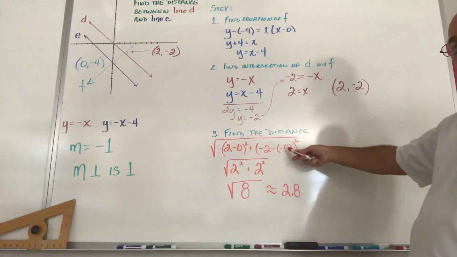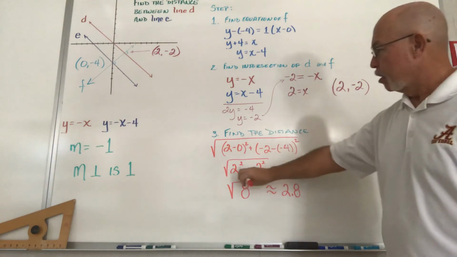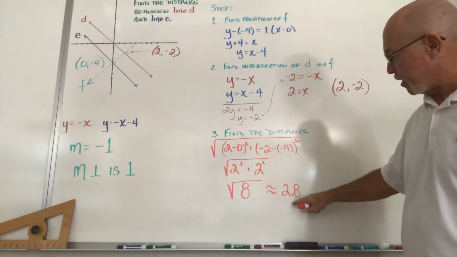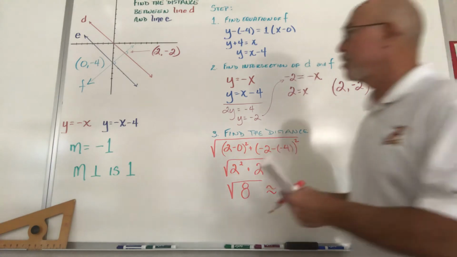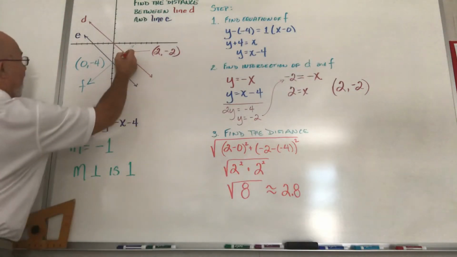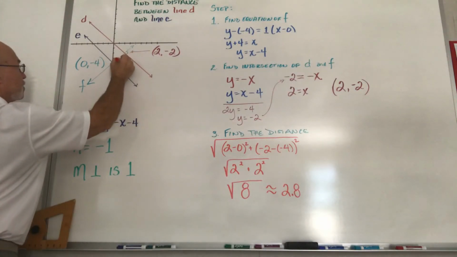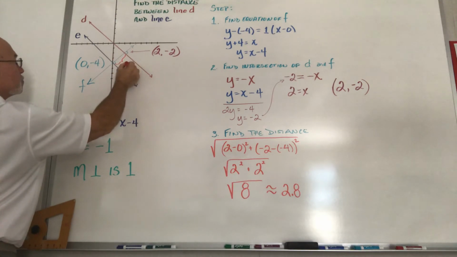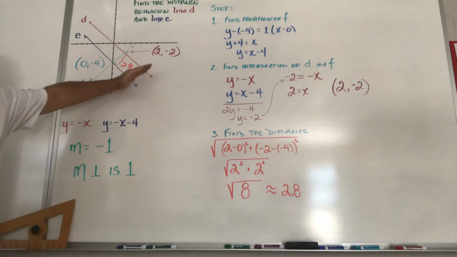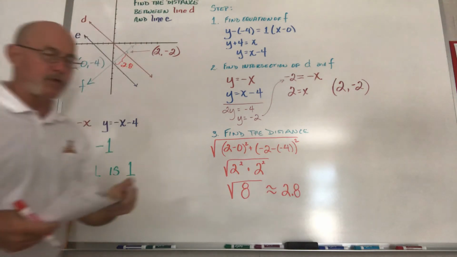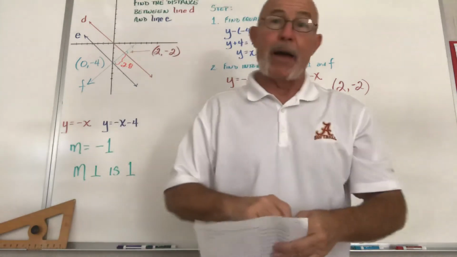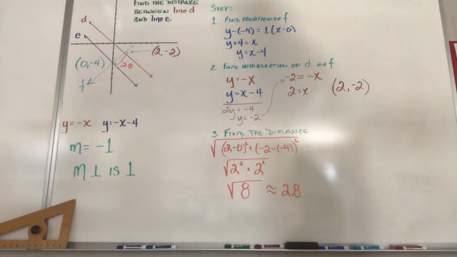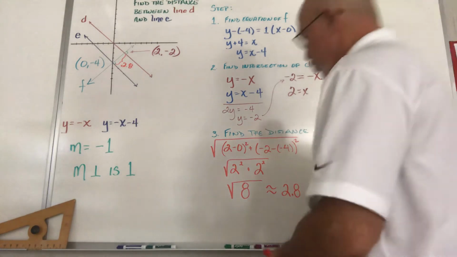Negative 2 plus 4 gives me 2. 4 plus 4 is 8. The square root of 8, plug into your calculator. Approximately 2.8. That is this right here. And since they're parallel, everywhere between those 2 lines is also about 2.8. Okay, there's our first one.